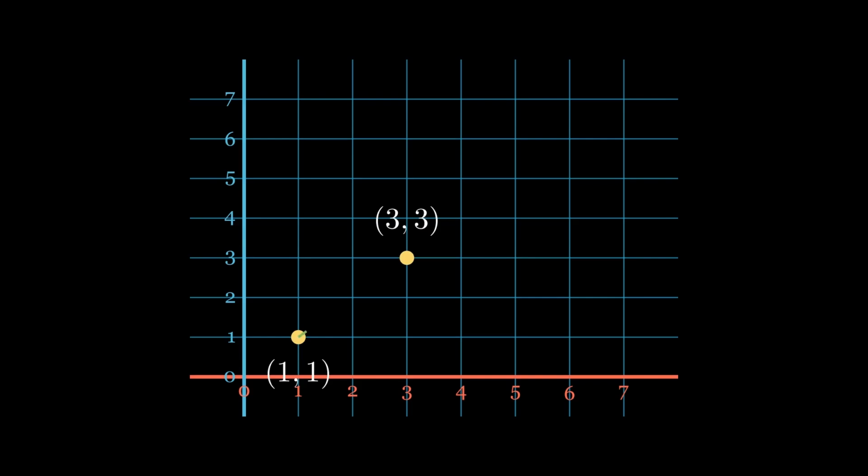As we move from left to right, what did you notice? The line rises upward. Now, whenever a line rises from left to right, it has a positive gradient.